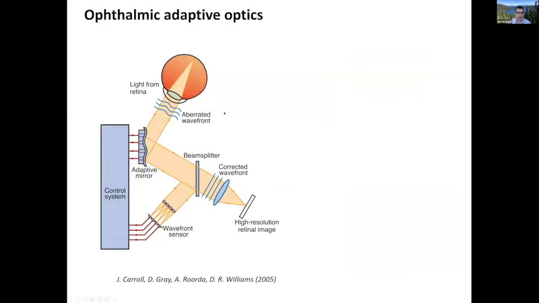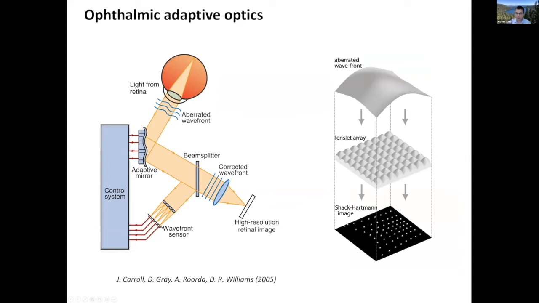Adaptive optics works by borrowing technology developed for astronomy that takes some of the light that comes back from the retina when we are imaging and diverts it to a wavefront sensor, very much like the ones used for refractive surgery in the eye clinic. They take pictures with a camera of an array of spots that tell us what the optical imperfections of every individual eye are.